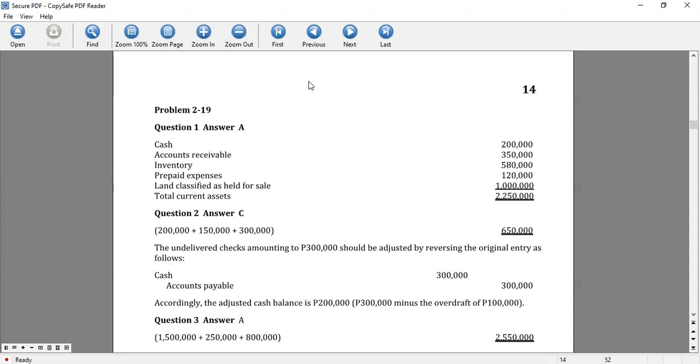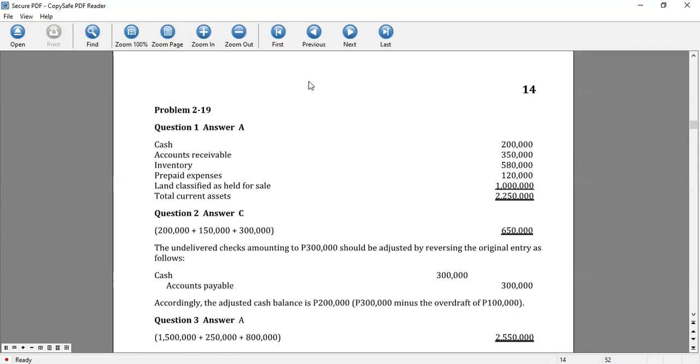So how do you know that the amount is supposed to be deducted? In question number 1, the 300,000 check ended up with an overdraft of 100,000. So in other words, the net cash is 200,000.